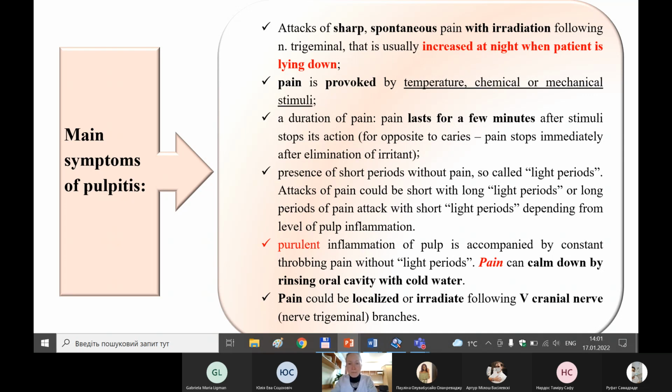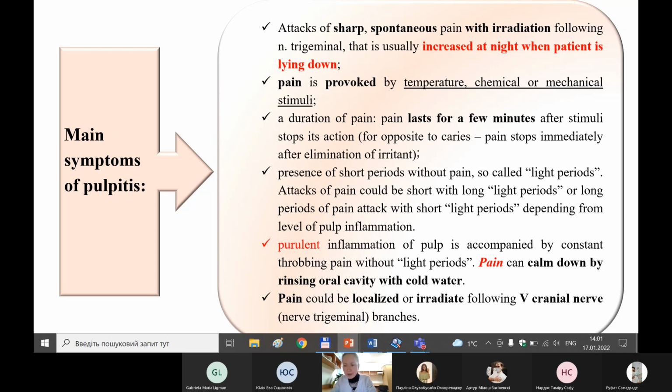Next, there is the presence of short periods without pain, so-called light periods. Attacks of pain could be short with long light periods, or long periods of pain attack with short light periods. Actually, light periods, the periods without pain, depend on the level of pulp inflammation.